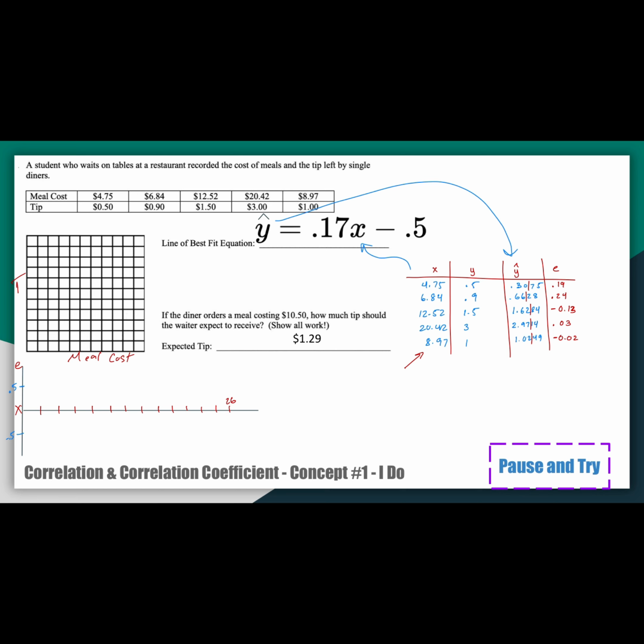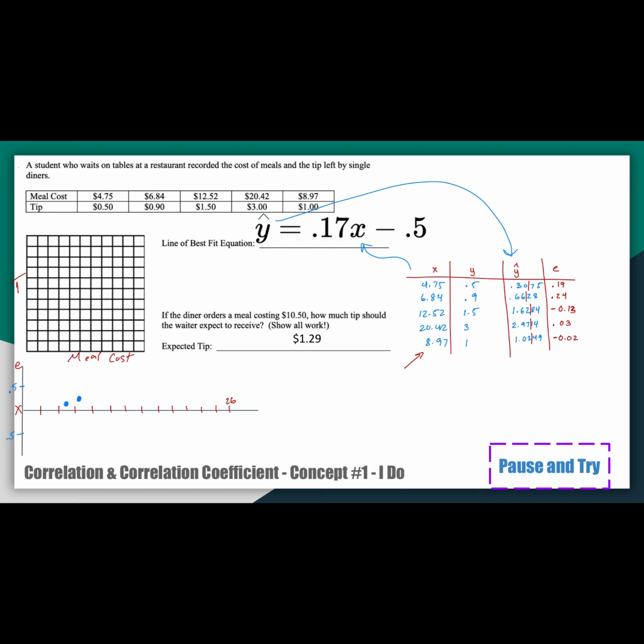So at 4.75 and we have 0.19. So that's really low. So that's about like here, okay? Make these points a little bit bigger. And then at 6.84, which is not much further than that, we have 0.24, so that should be a little bit higher.